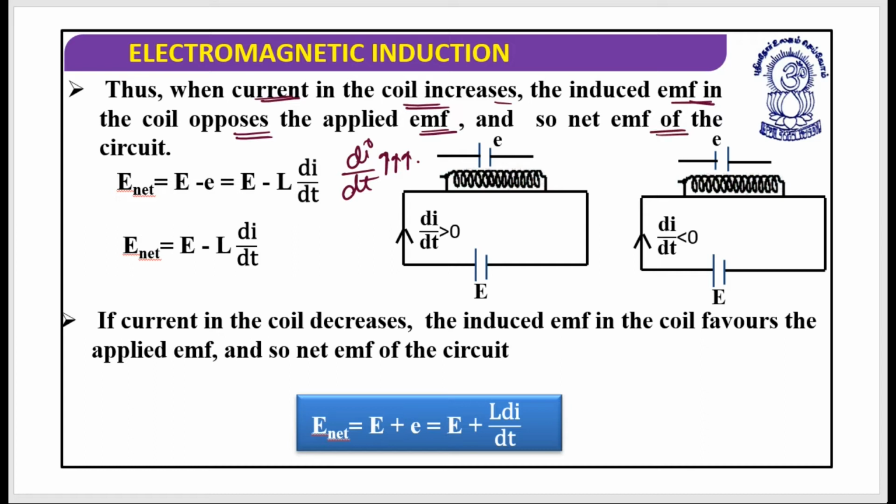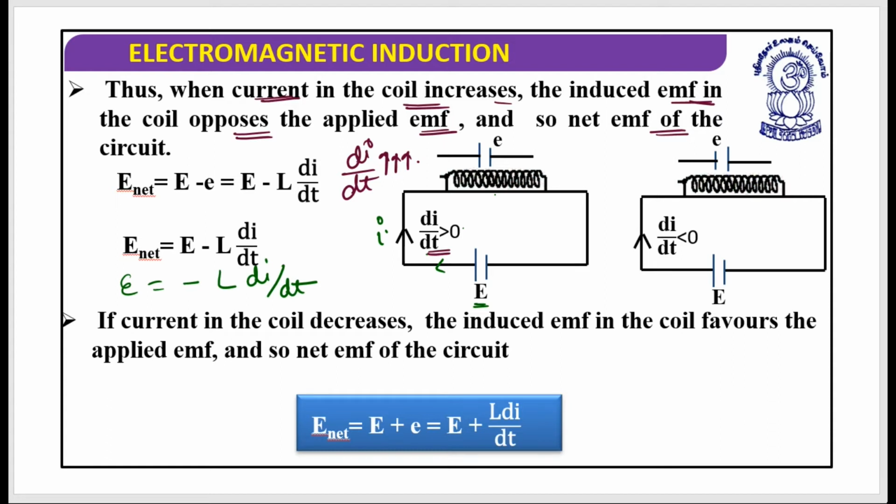Suppose di by dt is greater than 0, and this is the positive terminal of the battery, so current should be flowing through this. Now as this is changing, the EMF is E is equal to minus L into di by dt. So what I need to do is replace this inductor.